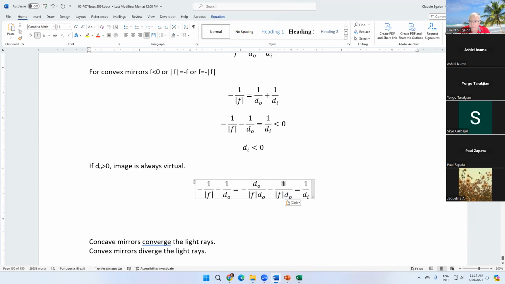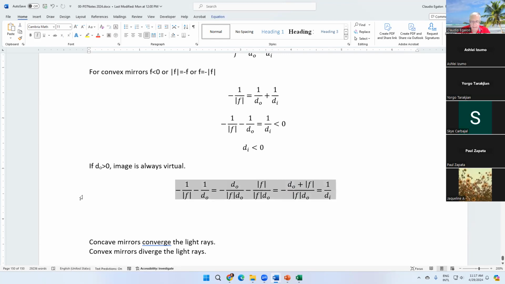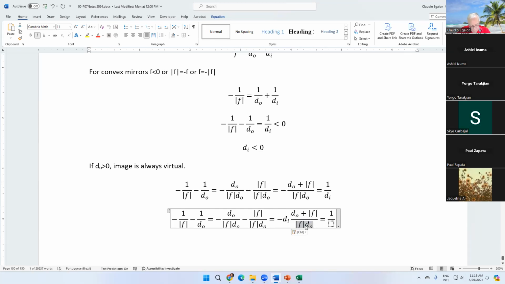In the next step, we put them under the same denominator, and my di becomes f d naught over the denominator, like that.